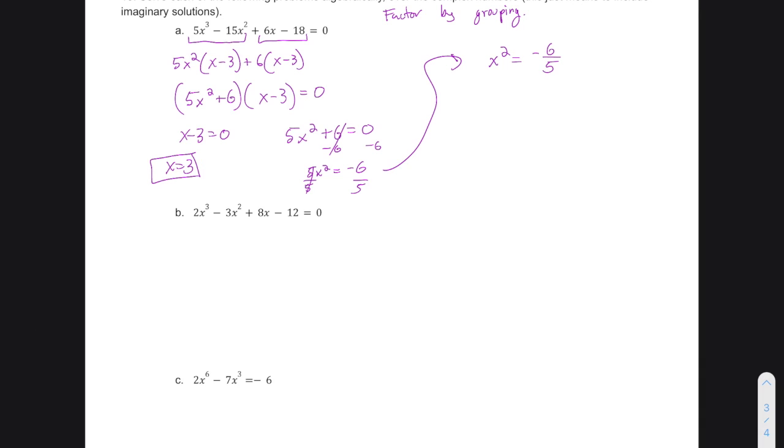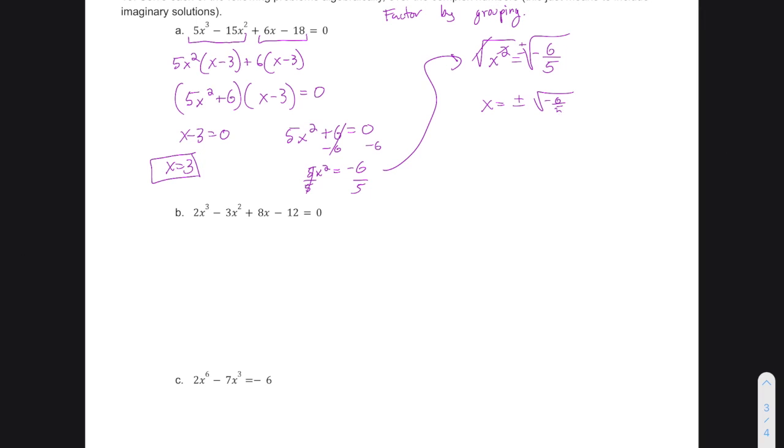We should recognize we can't square a number and end up with a negative. So when we take the square root, we're probably going to get an imaginary number. And so we square root both sides. Okay. And when we take the square root, in this case, we take plus or minus. So we end up with x equals plus or minus the square root of negative 6 over 5.